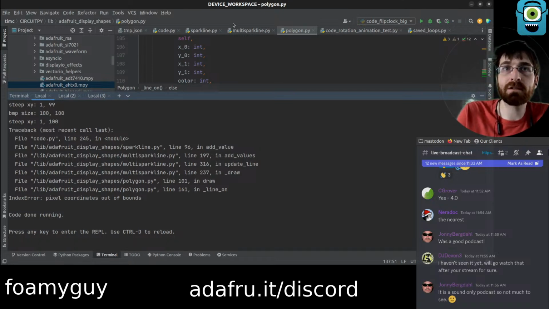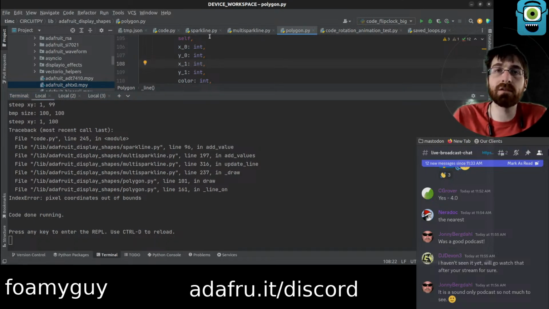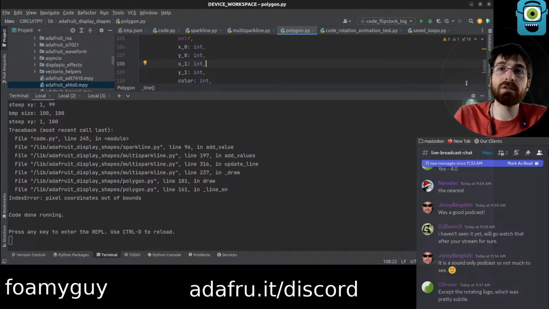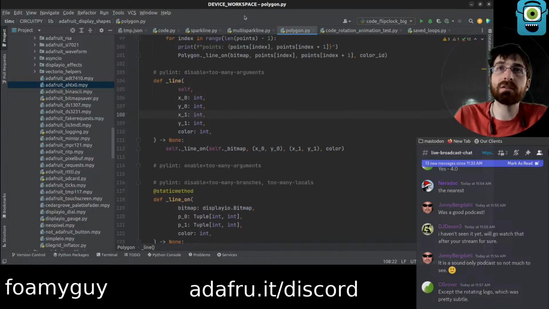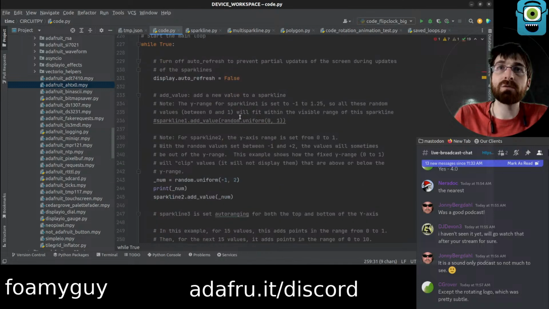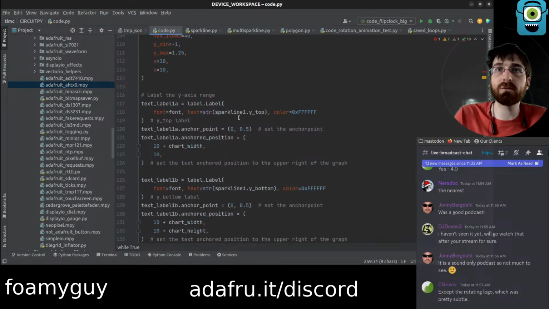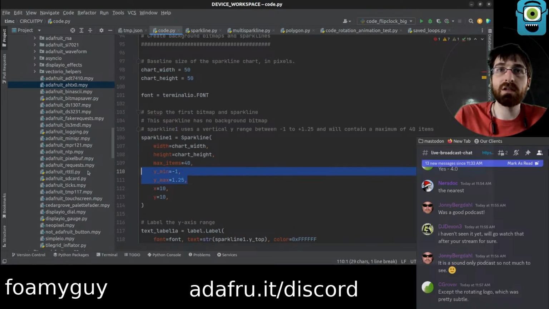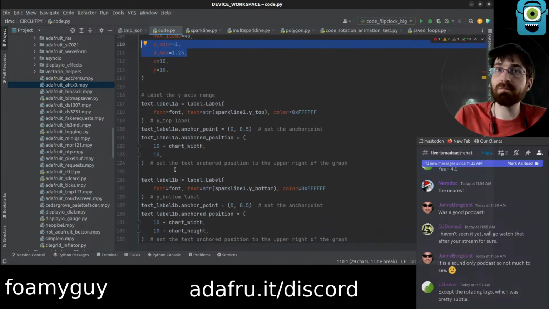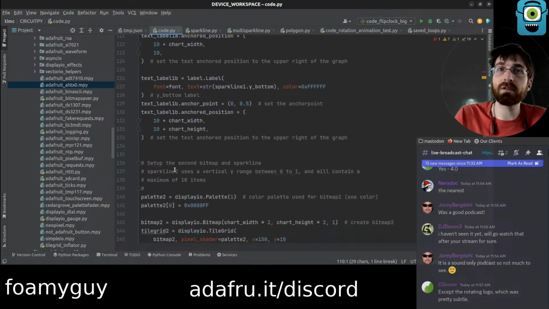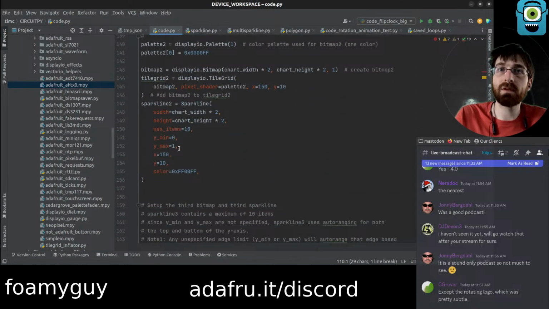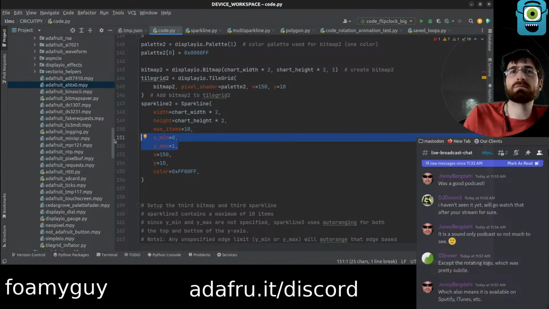Okay, let's start stepping through it again. See if we can spot where the conversion from value range into pixels goes wrong. So we did have two sparklines which were allowed to go negative. We had sparkline 1, which was y-min -1. Where's sparkline 2? Well, wait a minute.